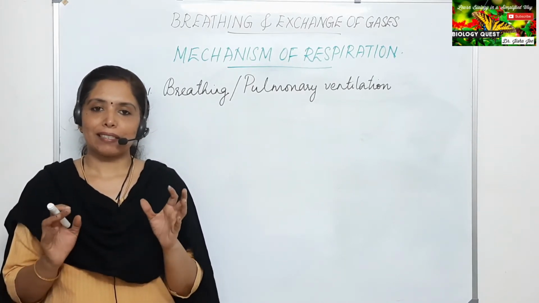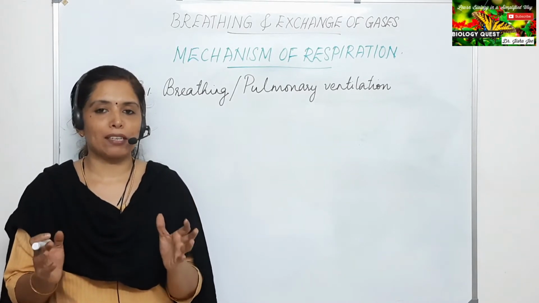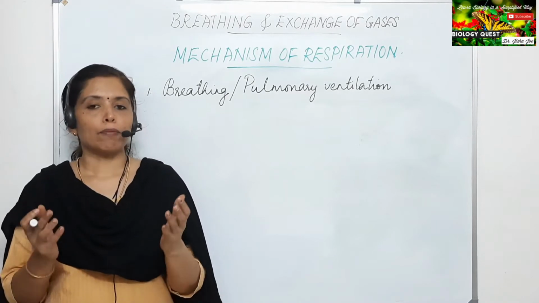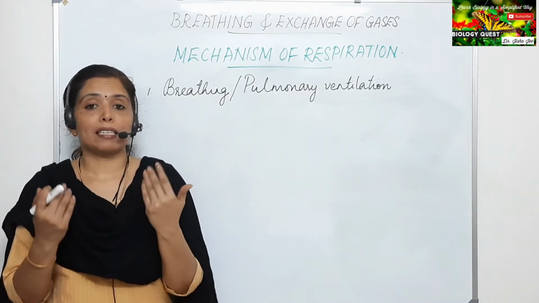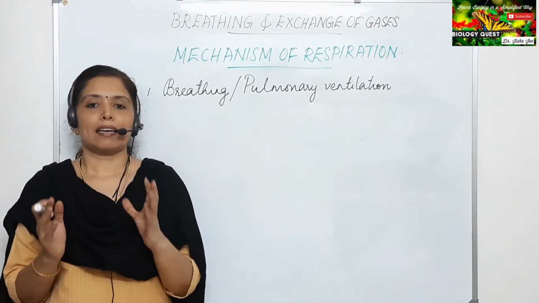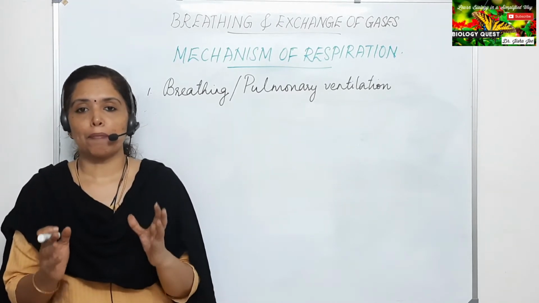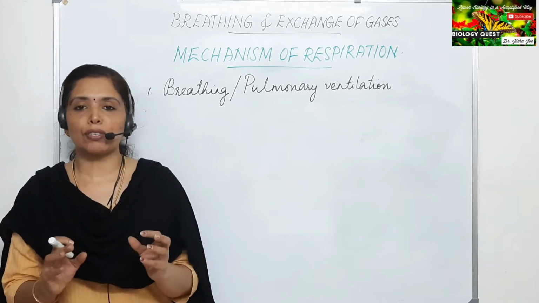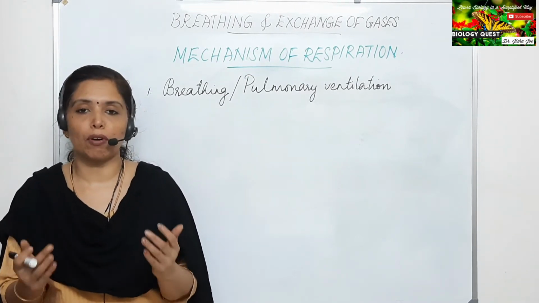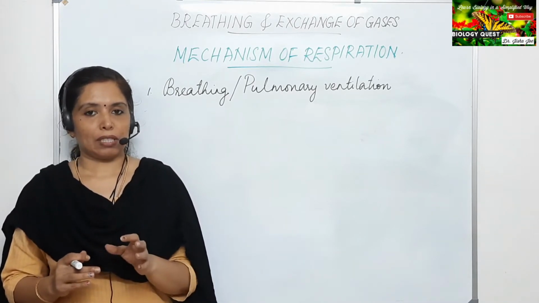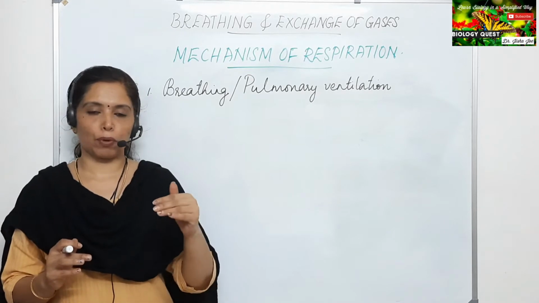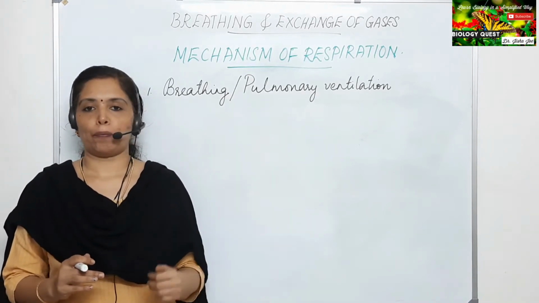So lungs as such cannot expand or contract because they are not formed of muscles. The change occurs due to the change in volume of the thoracic cavity. You will understand better when we study the next part.